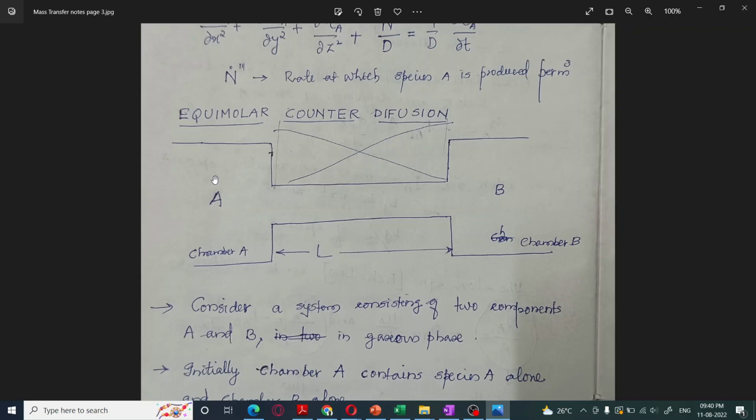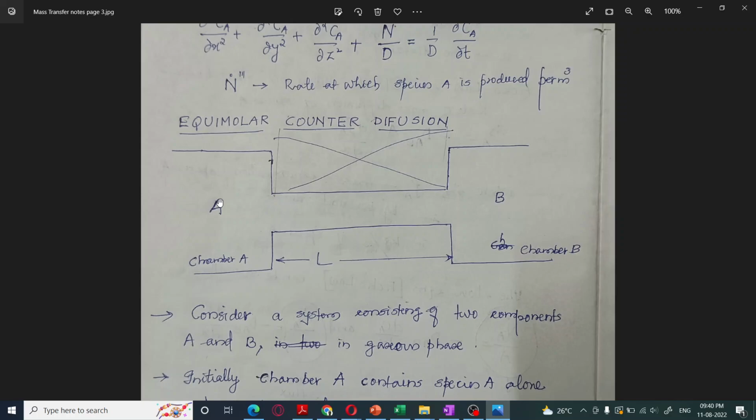Their concentration gradients are the same. So the rate at which the component A diffuses from A to B will be the same as the rate at which component B diffuses from B to A. But when we compare the mass diffusion, if we are taking the positive direction from left to right, from A to B, then one will be the negative of the other.